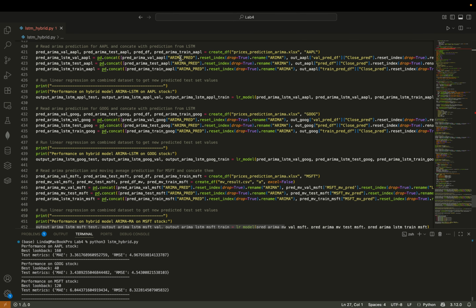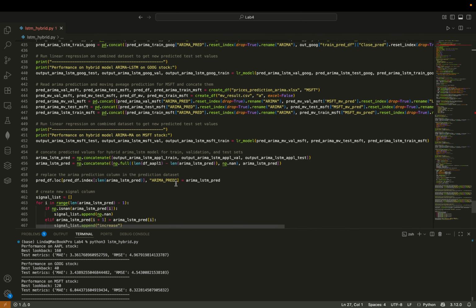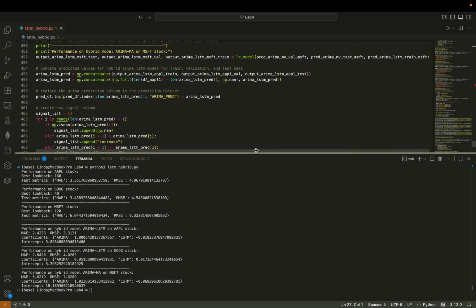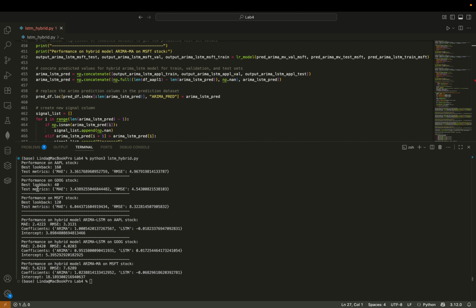And here we are implementing these two functions. And this is the performance of the hybrid ARIMA LSTM model on the Apple stock, which obtained the MAE of 2.4223 and the RMSE of 3.3131.